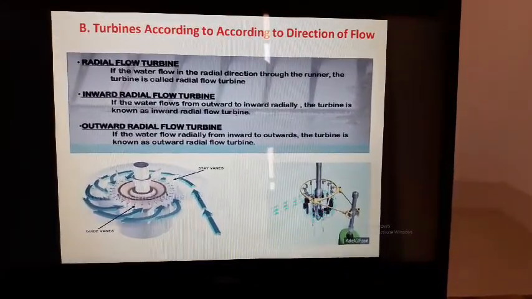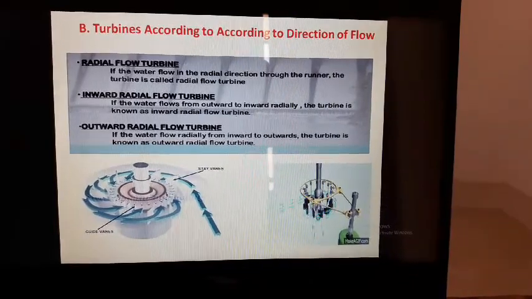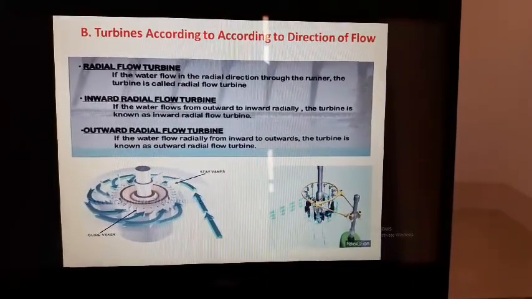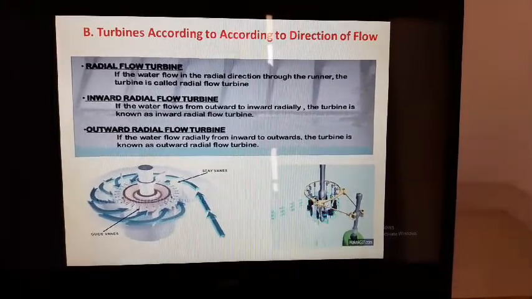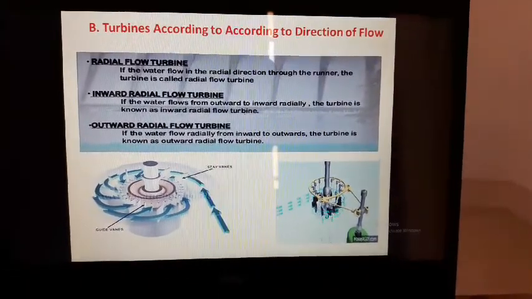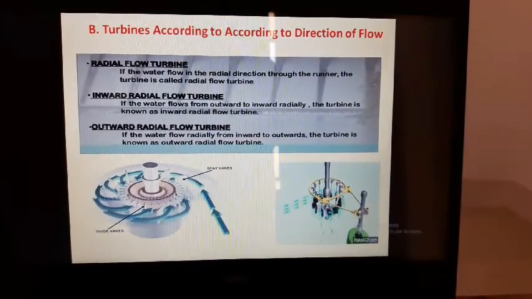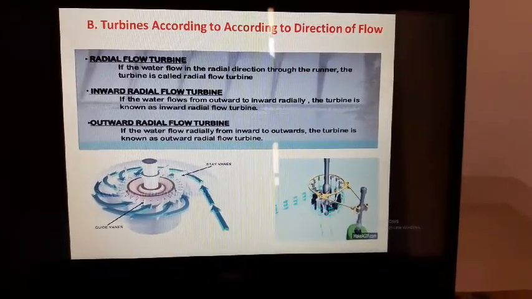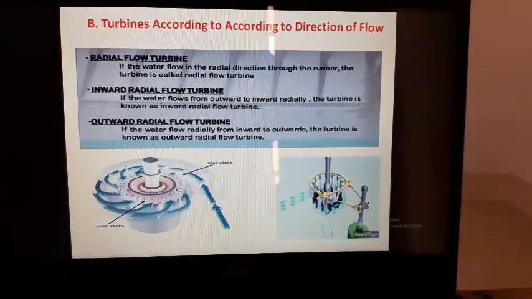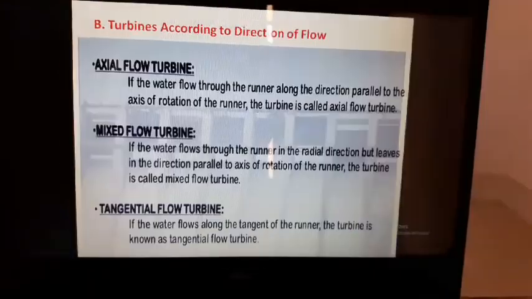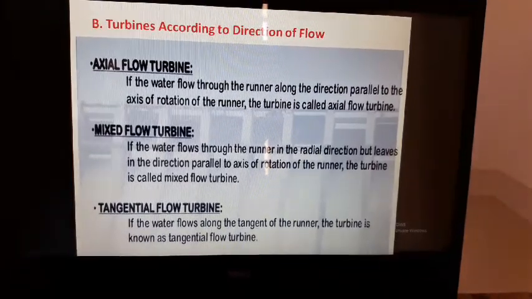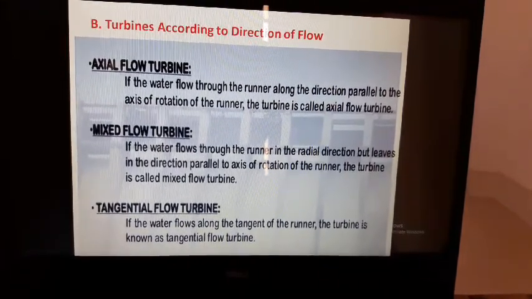In the outward radial flow turbine, the water flows radially from the inward direction to the outward direction. It can be clearly understood with the diagram and the GIF image shown in the slide.